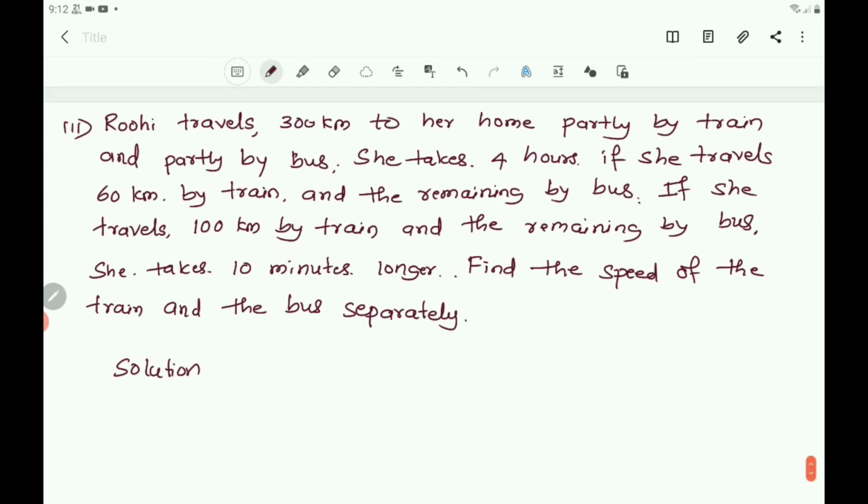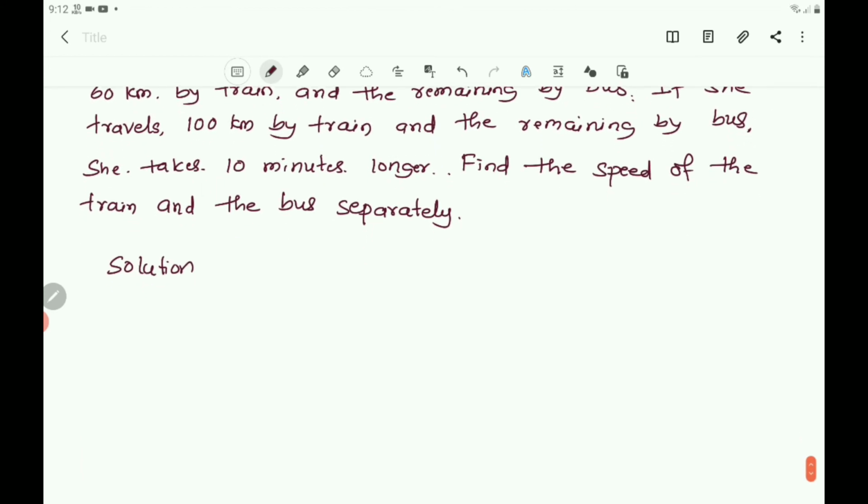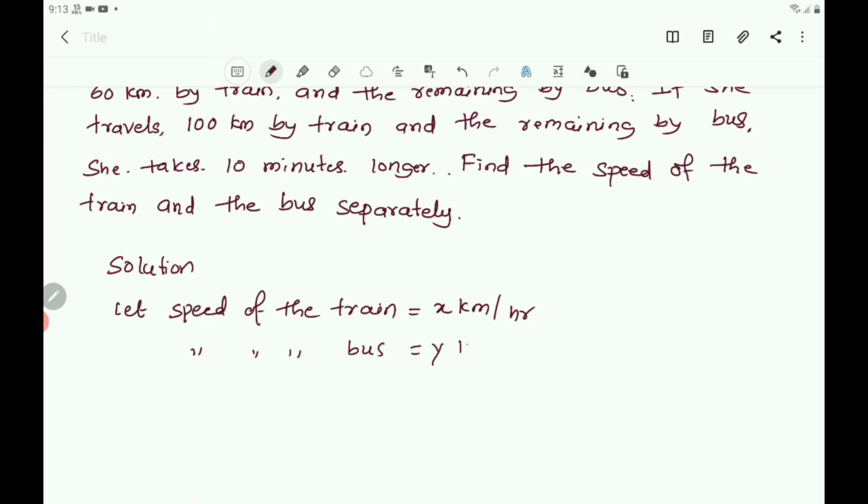Let the speed of the train equal x km/h and the speed of the bus equal y km/h.